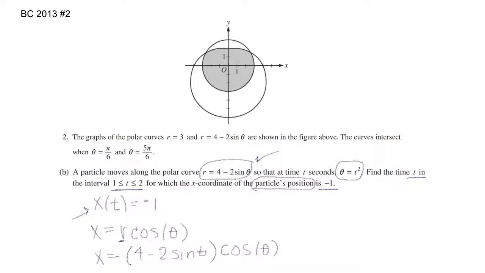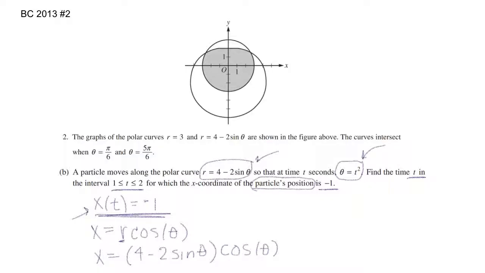So now we have to be careful. We're still in theta, so I need to be in time. Remember, I need x at t, and I need that position equal to -1. So I need to use this information here: theta is t squared, and I need to make that transformation.